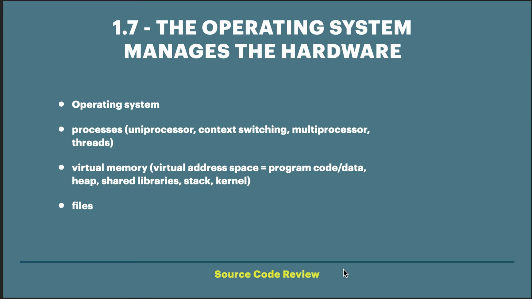And for a process, the virtual address space will have a few different things. One, it'll have the program code and data, so whatever data it works with, and the code of the instructions that you want the computer to execute. It'll have a heap and a stack, and those are dynamic areas of memory because they can grow or shrink, and different programming languages can access the heap and stack differently.